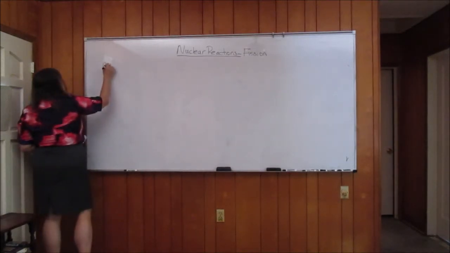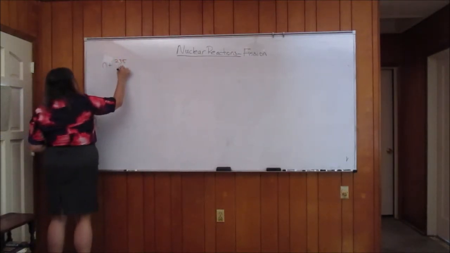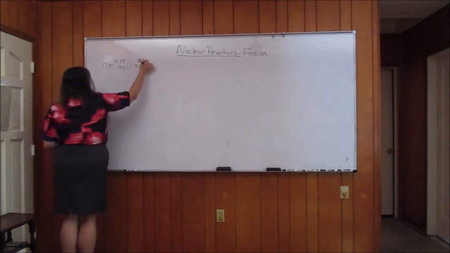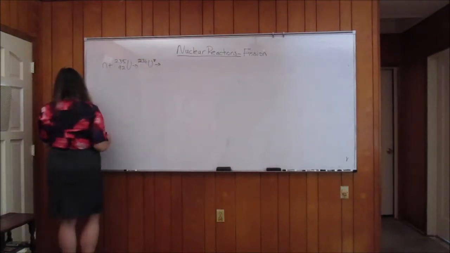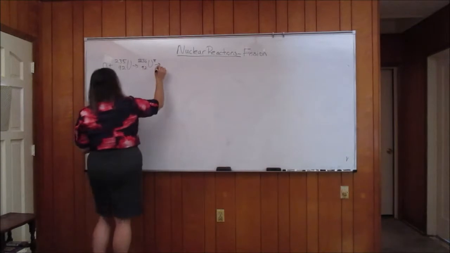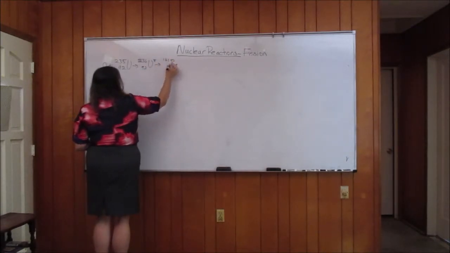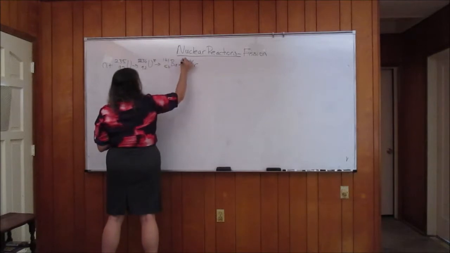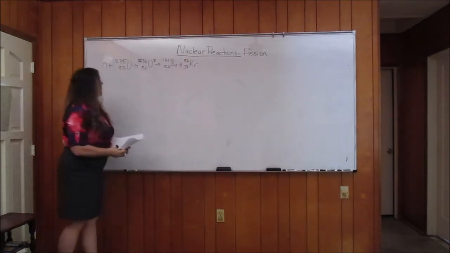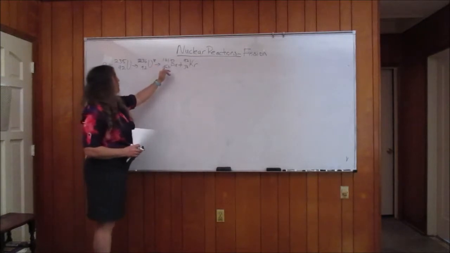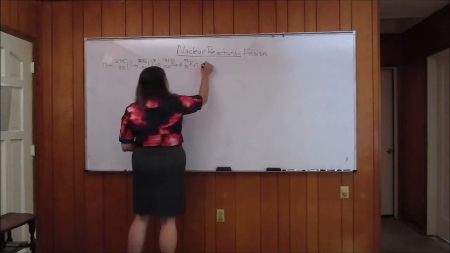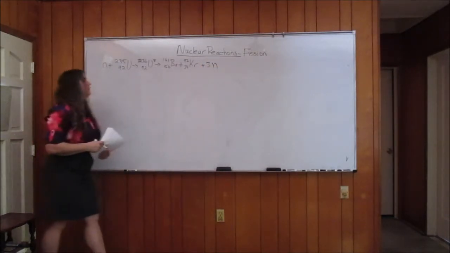So one such process is that the uranium nucleus will fission into barium-141, krypton-92, and an additional 3 neutrons will be emitted.